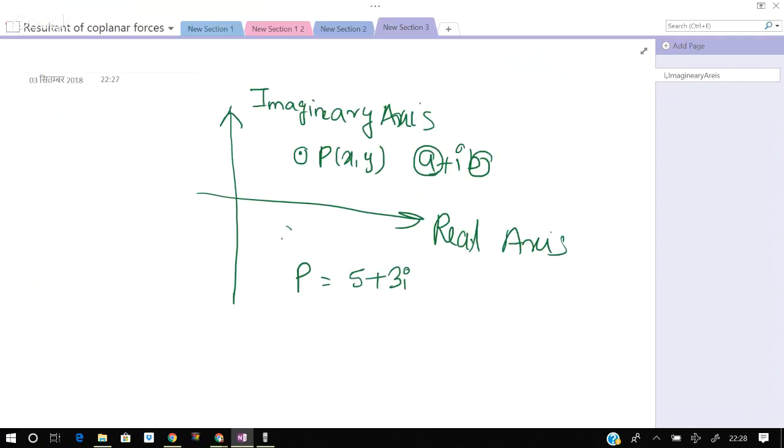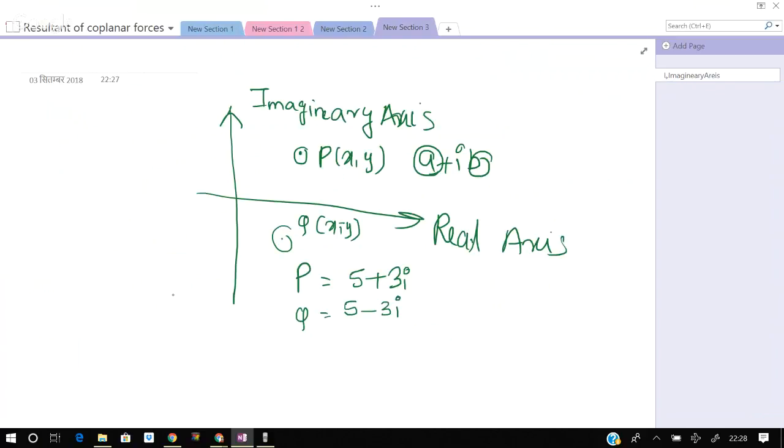Similarly, over here, if there is a point Q, that is again (x, y), but here this is x comma minus y, not x comma positive y. So a point Q can be represented as, supposedly, 5 minus 3i. So these are complex variables.